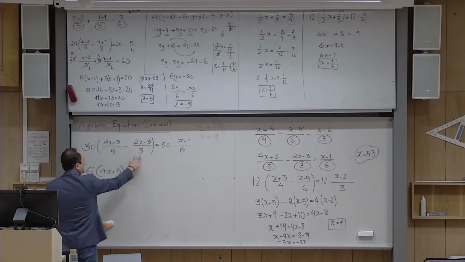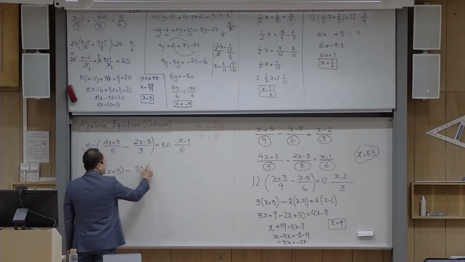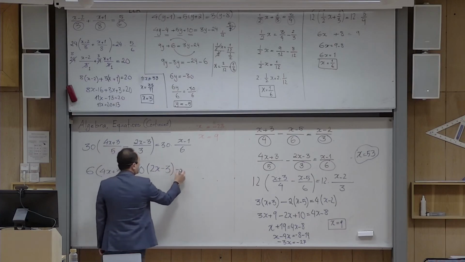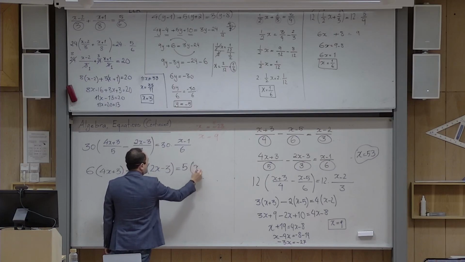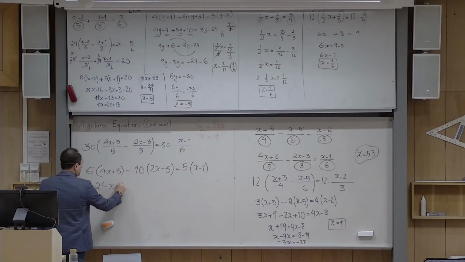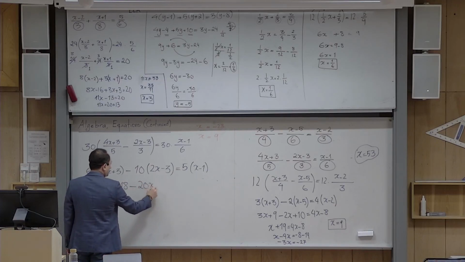And 30 and 3 are simplified, 10 is left. Of course, the sign is negative, and this 10 should be multiplied by the whole numerator. On the right-hand side, 30 and 6 are simplified, 5 is left, and 5 should be multiplied by x minus 1. And then you start simplifying things. So this becomes 24x plus 18 minus 20x, and what is next?